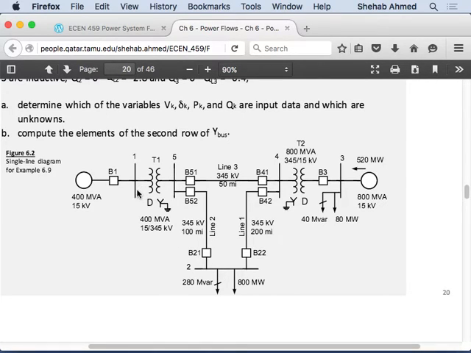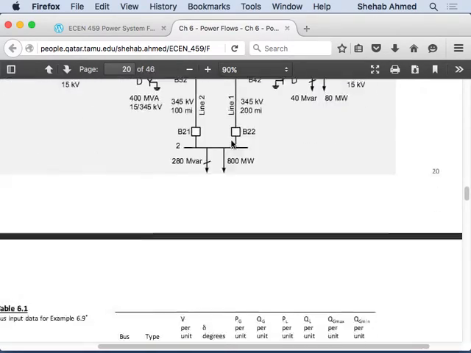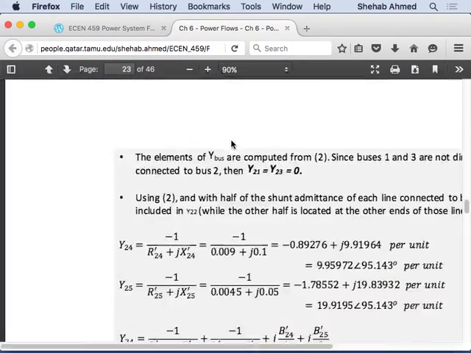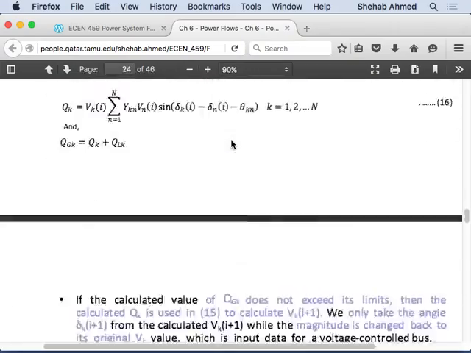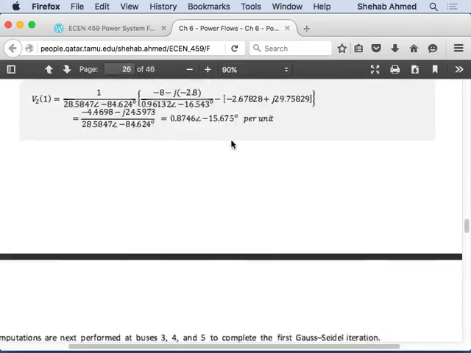So 1 was slack, so I have no equations. 5 is a PQ bus, so I can use two equations. 4 is a PQ bus, so I can use two equations. 2 is a PQ bus, so I can use two equations. 3 is a PV bus, so I can use one equation. So the Jacobian for this system will be a 7 by 7 matrix, because we build the Jacobian for this matrix in a later example. That's why I was talking about 7.